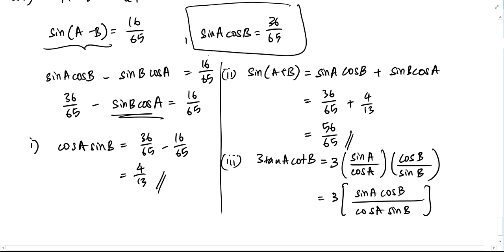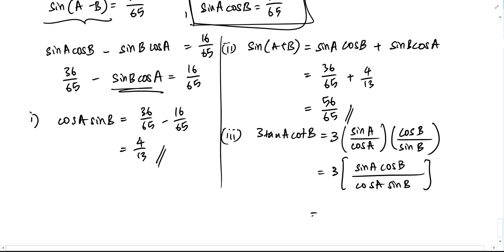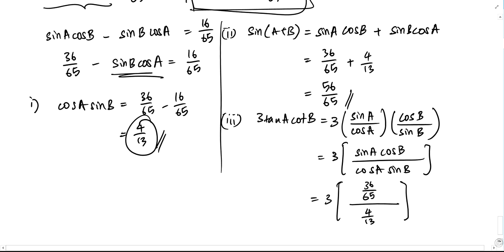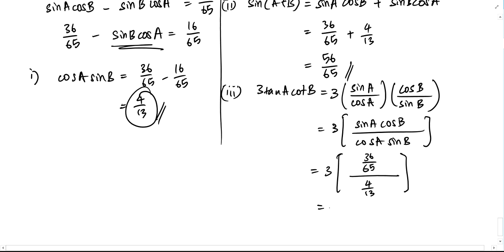Sine A cosine B, it was given to be 36 over 65. 3 times of 36 over 65 divided by cosine A sine B, found in part 1, 4 over 13. Simplify it, and we have 27 over 5.